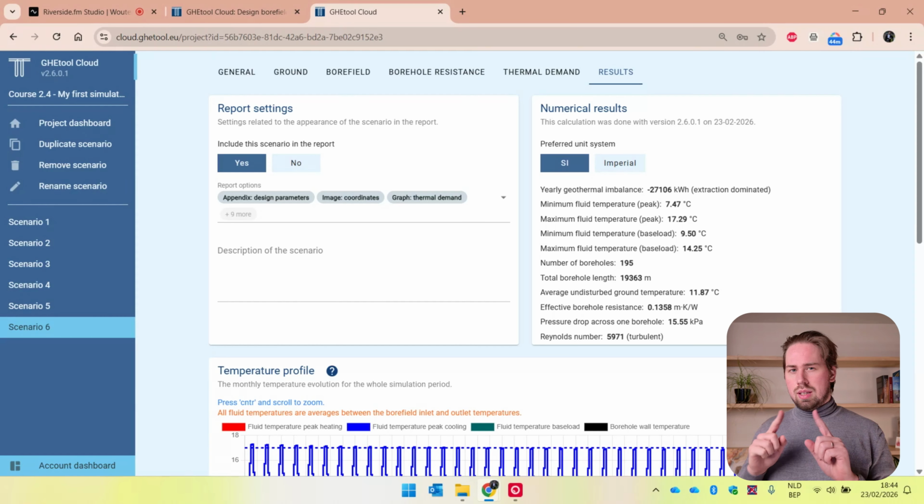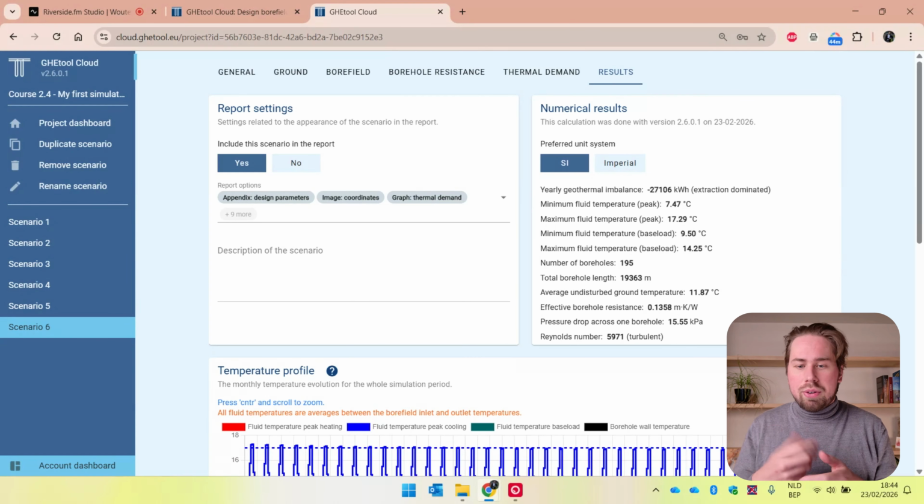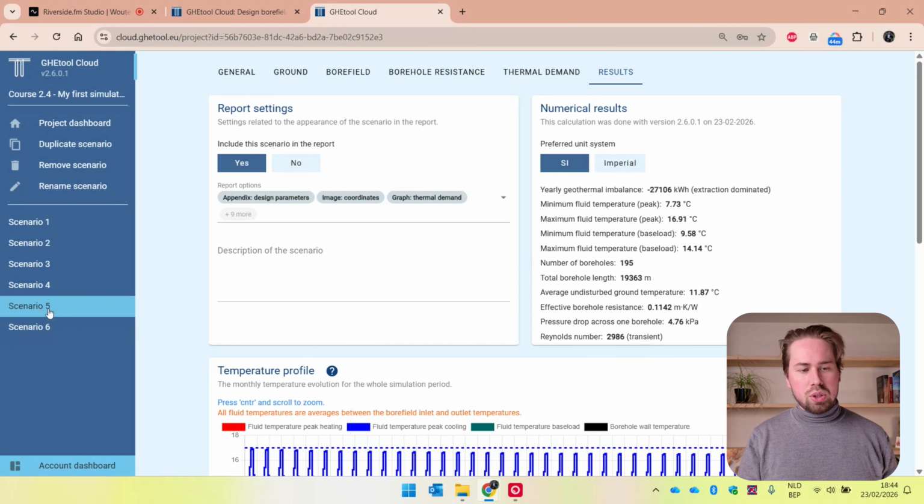So the heat transfer area is only half what it was in scenario 5 with the W probe. And that now counteracts our effective borehole resistance. So here we are again having a slightly higher temperature than in scenario 5.